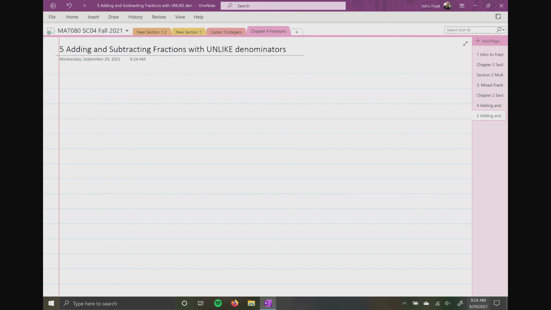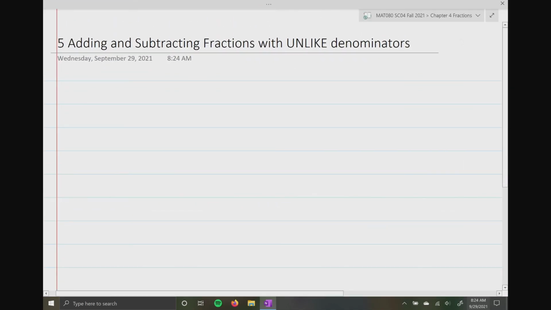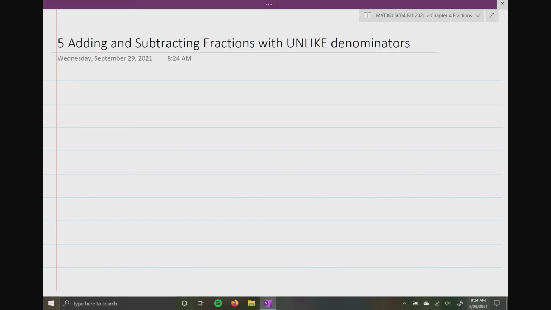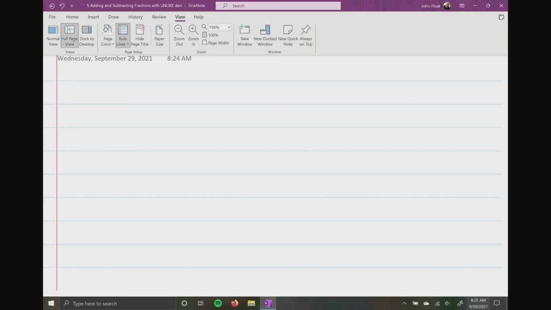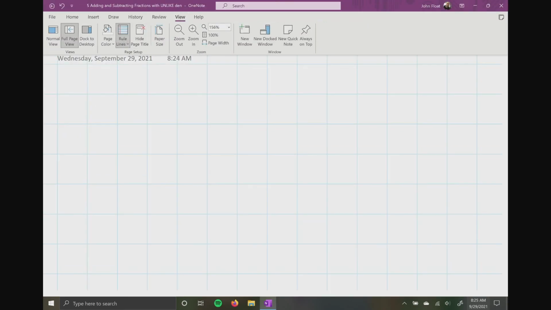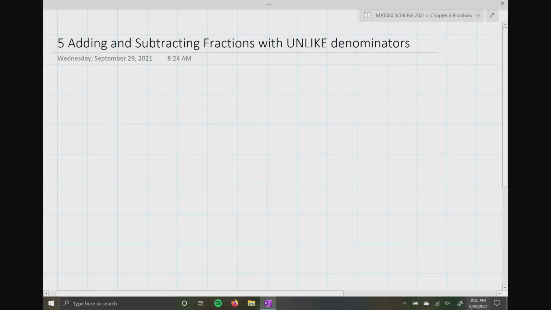So now we're going to talk about adding and subtracting with unlike denominators. Okay? So visually, here's what's happening. In the previous lecture, or previous lesson, I guess. Hold on one sec.